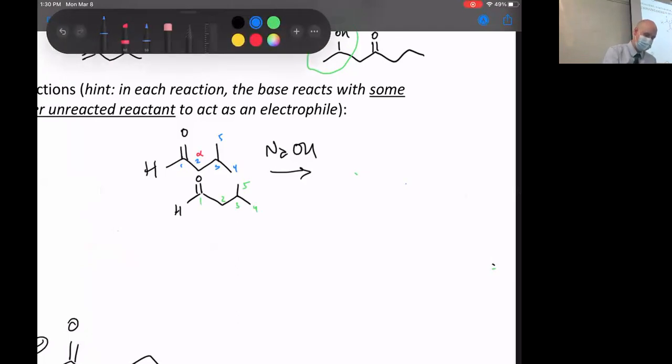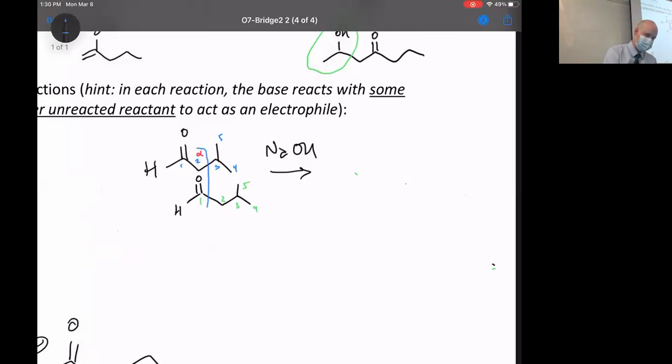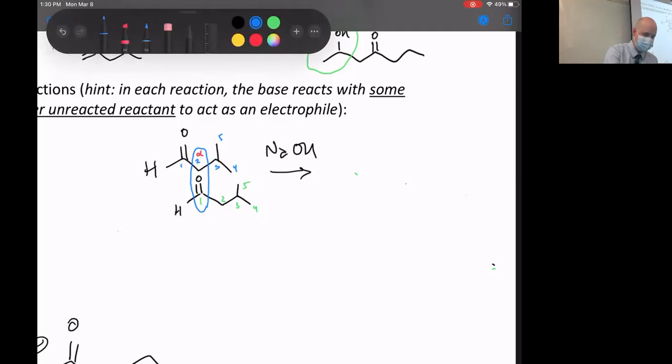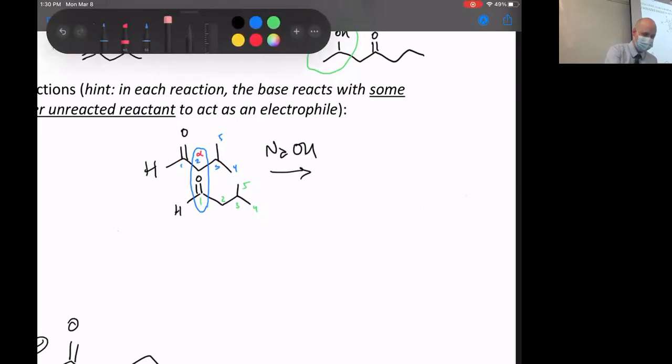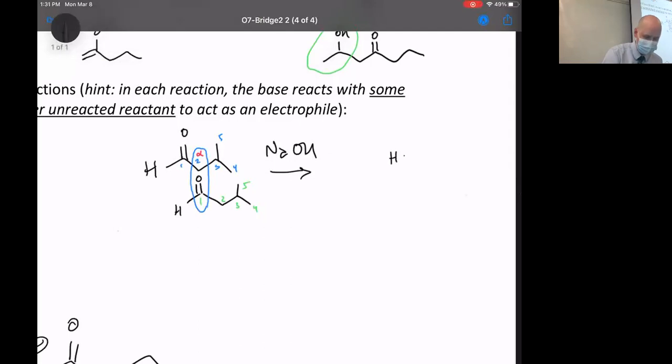Then to make your product, turn the alpha and the carbonyl into a brand new alkene. I'll redraw my nucleophile because that really hasn't changed very much.